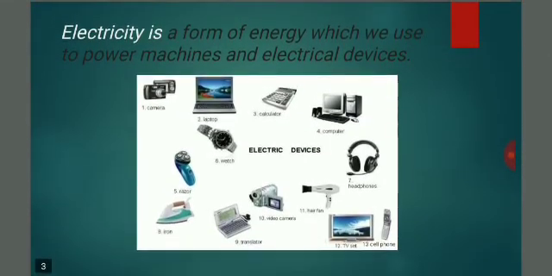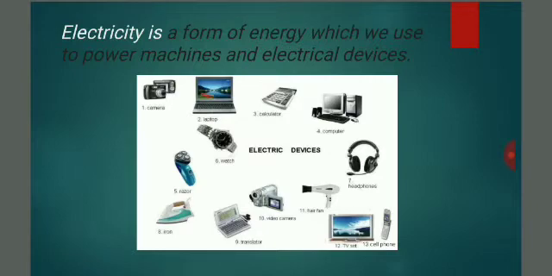Okay, as we said, electricity is a form of energy which we use to power machines and electrical devices. Do you know what an electrical device is? Okay, look at the pictures.